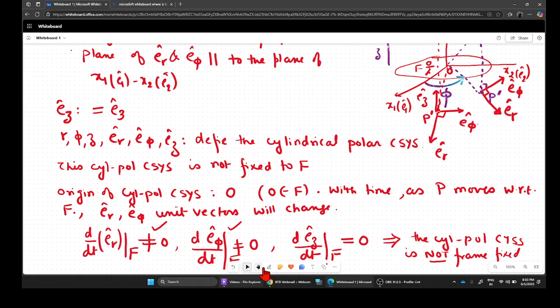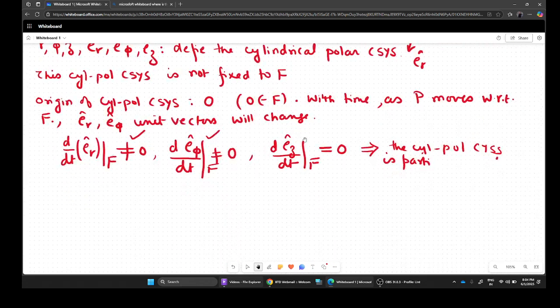Rather, it would be better to say that the cylindrical polar coordinate system is only partially fixed to F. Okay.